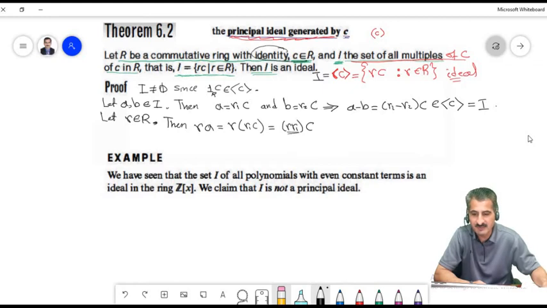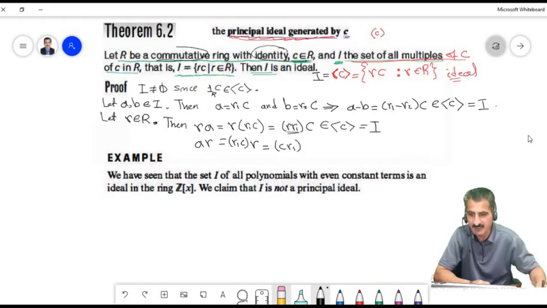Now this is a multiple of C, an element from the ring times C. So this belongs to the ideal generated by C, the principal ideal, which is I. And similarly, if we multiply this way, a is r1 times C times r, and this equals C times r1 times r, because we are assuming ourselves in a commutative ring.